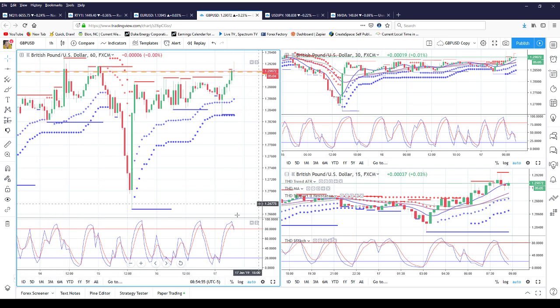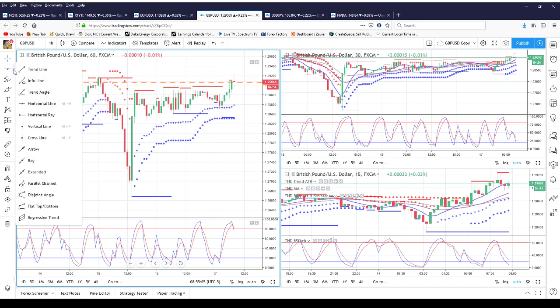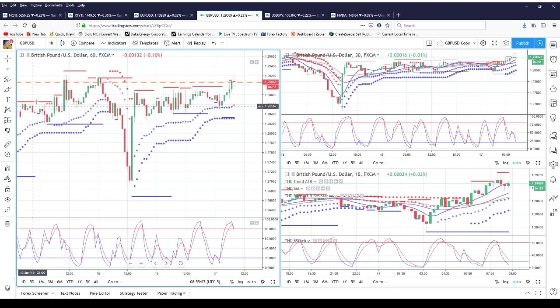We'll go to this one. But the thing of it is, you're going to have to set your stop right above this one because they could come back and test that one. So in this case, I'm just going to put a dotted line to show you where I would be setting my stop. And it's going to have to be about here.